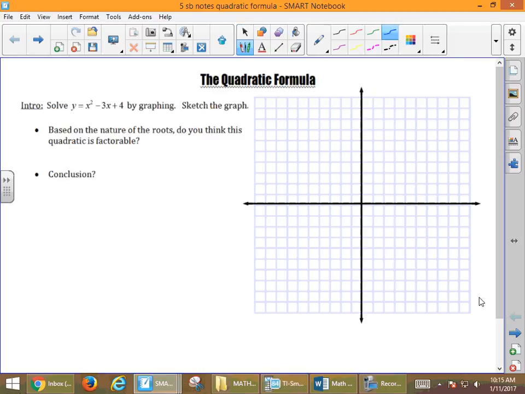For instance, -1, 8; 0, 4; 1, 2; 2, 2; 3, 4; and 4, 8. And it's nice that we can see the picture, but there we have that.